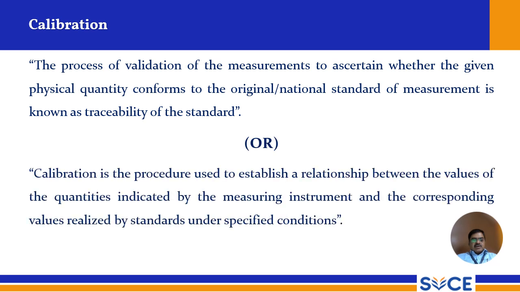Or it can be defined in another way: calibration is the procedure used to establish a relationship between values of the quantities indicated by the measuring instrument and the corresponding values realized by standards under specified conditions. So either way you can define it. It is an important 2 mark question.